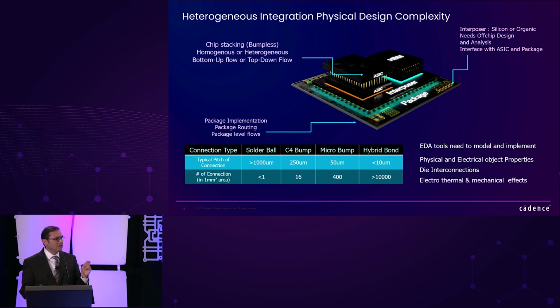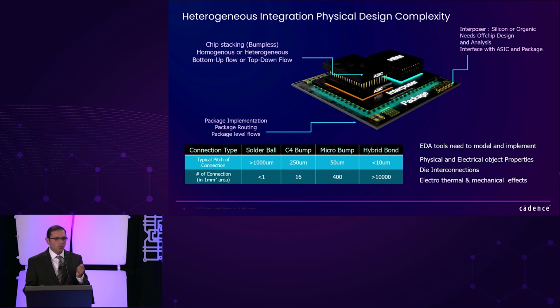And then the electrothermal and mechanical effects that some of the speakers talked about earlier have to be taken into account much earlier in the flow, so that the structural integrity of the full 3D heterogeneous system is intact.